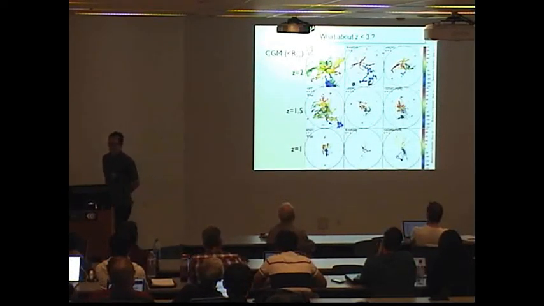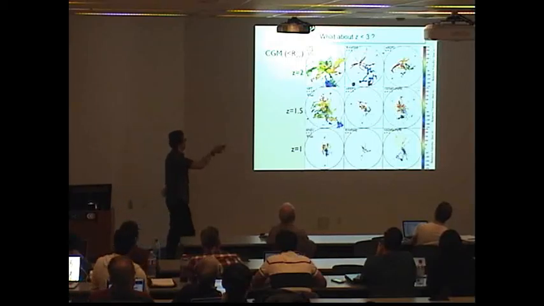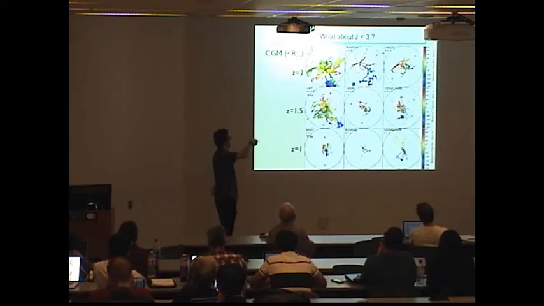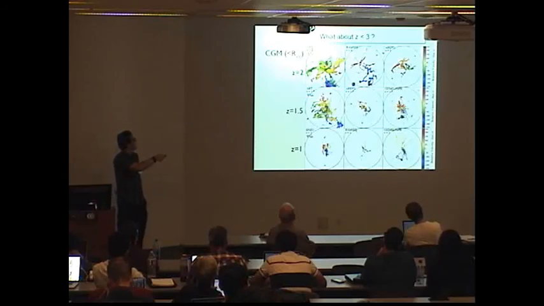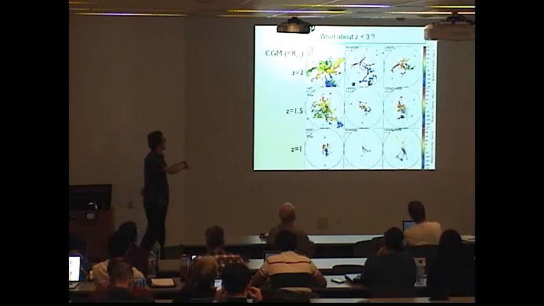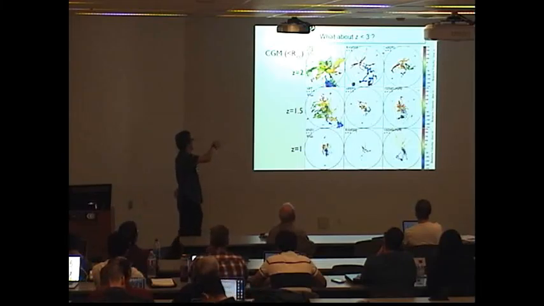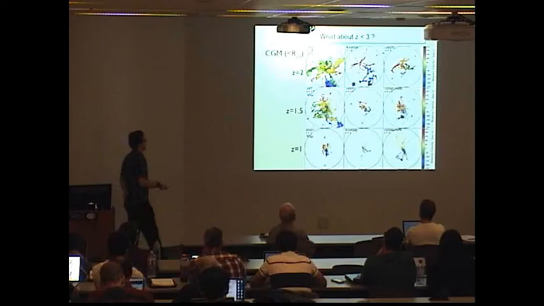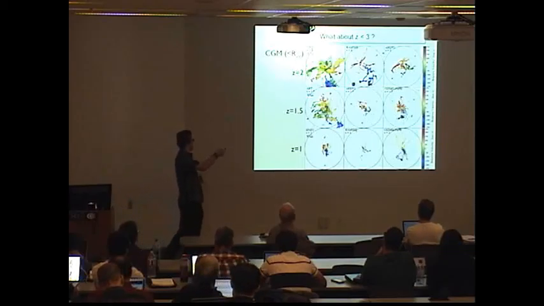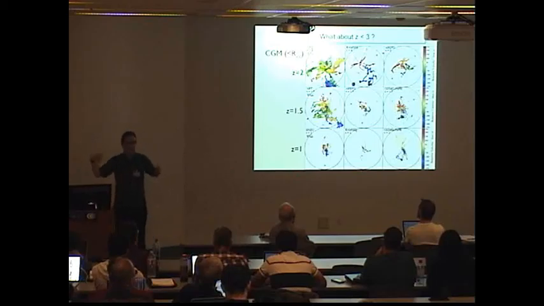All right, now what about less than z of 3? Here we took some representative examples of our simulations at various different redshifts. We have this flowing in ART. We have Ramses and Repo. All of these are at z of 2 along the same projection. All these are at z of 1.5 along the same projection. You see, obviously, the extent of these things dies down as the cold streams become not so focused at lower redshift.